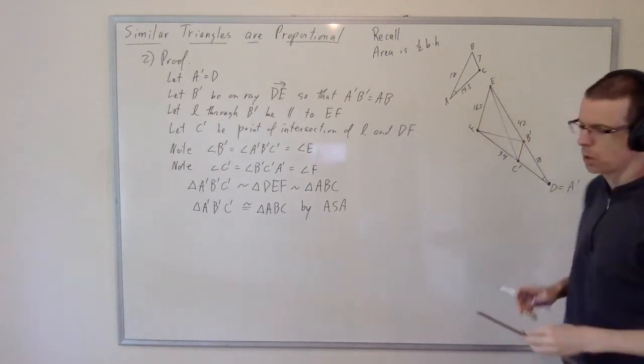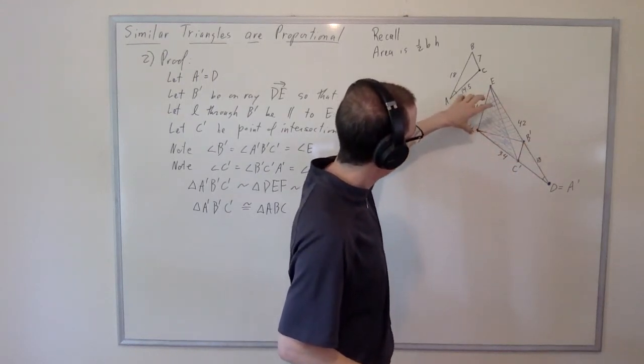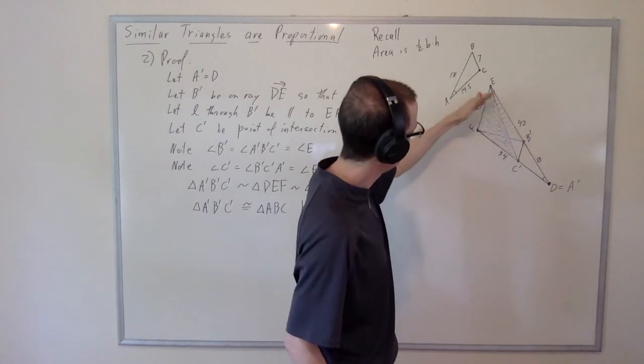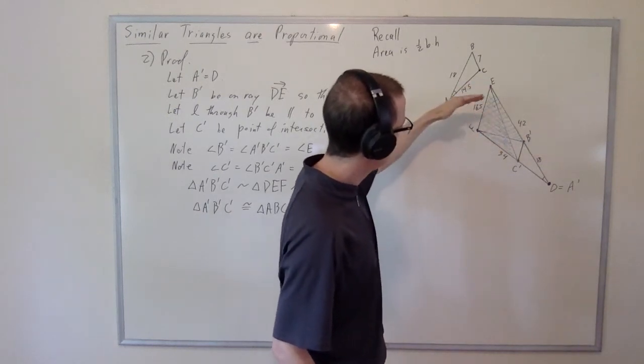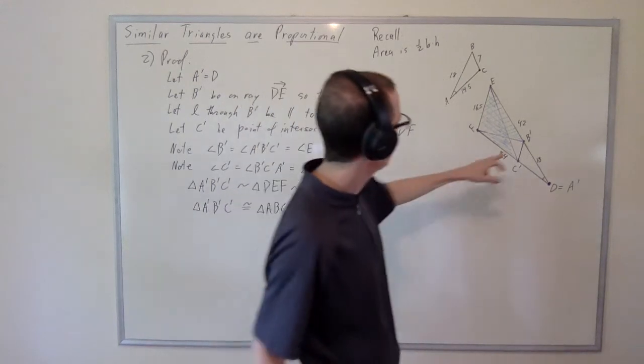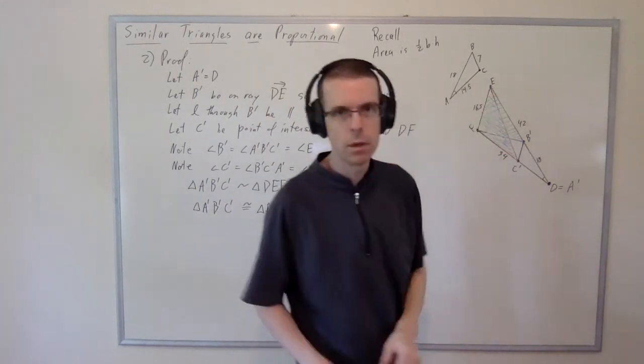So I'm going to need these crossbars in the figure. I've identified two crossbars in purple, and I've shaded two triangles here, one of them hash marked in green and one of them in blue, to try to help you identify two new triangles in this picture. They are B prime FE and C prime FE.